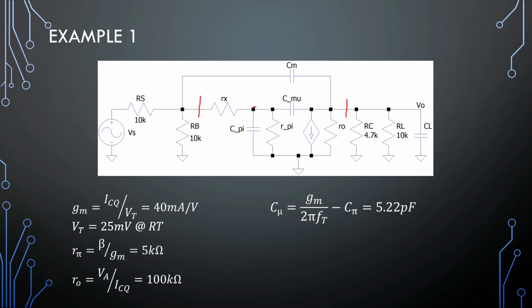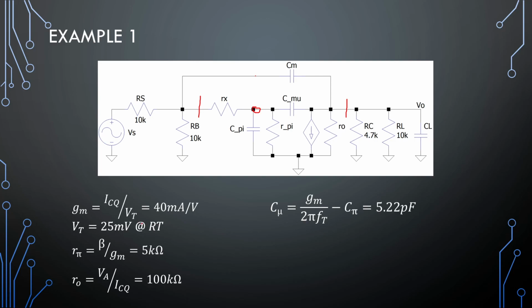Note that it's not on this node right here because this is internal to the transistor. So it will go here on the outside. I've seen a lot of people drawing it right here. And a load capacitor will go across the load, of course. Okay, so those are just to indicate the two positions where these components will go if you include them.